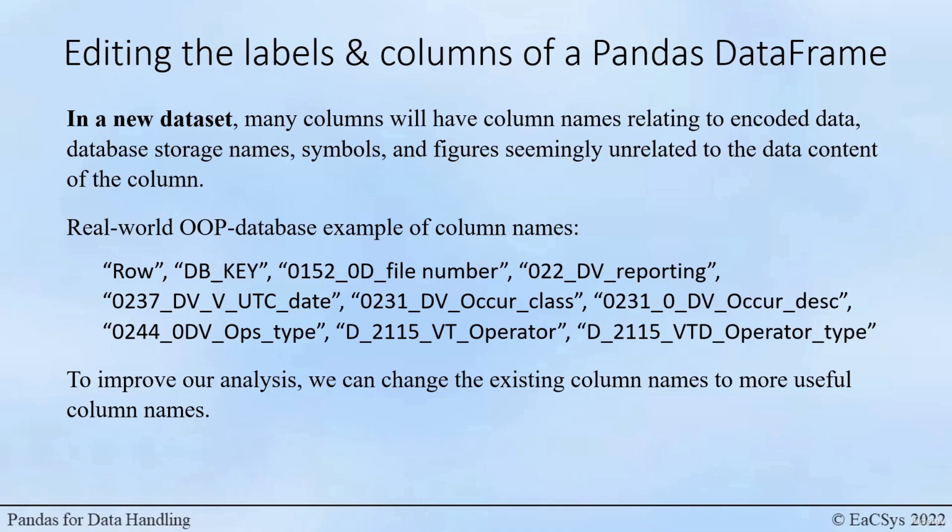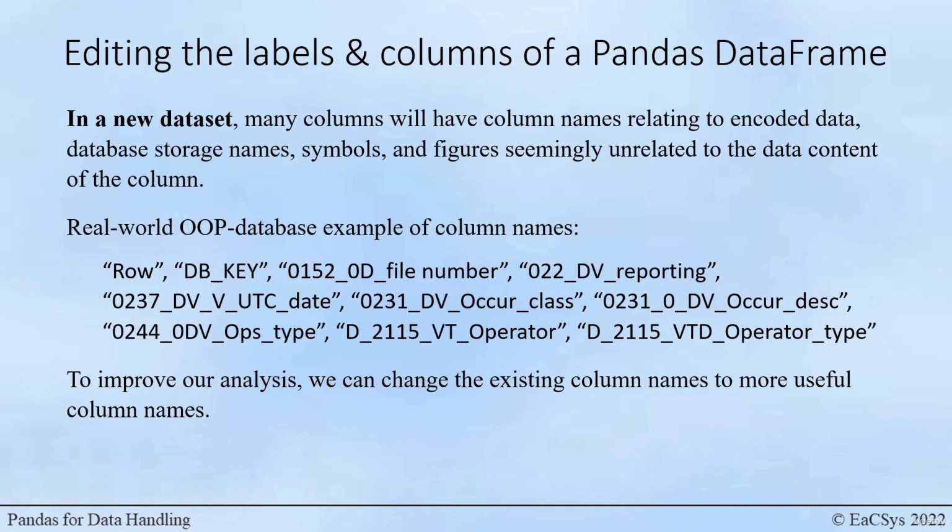When we receive a new dataset or a new data frame, we will usually have column names which are encoded or perhaps even encrypted, or meant to be interpreted by computers rather than having an intuitive name describing the content of the column variable. Such codes can stem from database storage names, or they could be artifacts of program code, and they could be numbers and characters seemingly unrelated to the data content of the column.